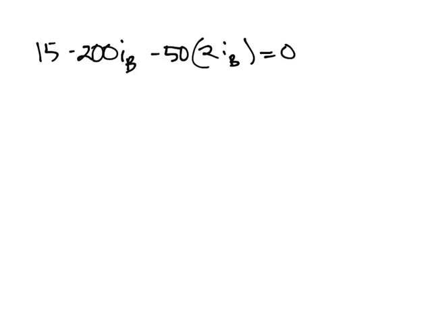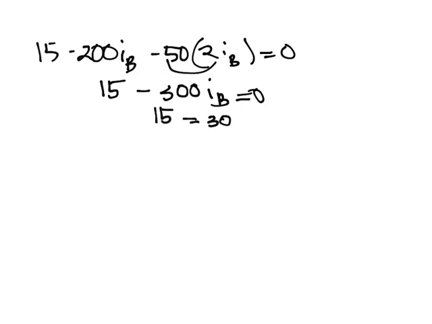50 times 2 is, of course, 100, so I have 15 minus 300 IB equals 0. Okay, 15 equals 300 IB.